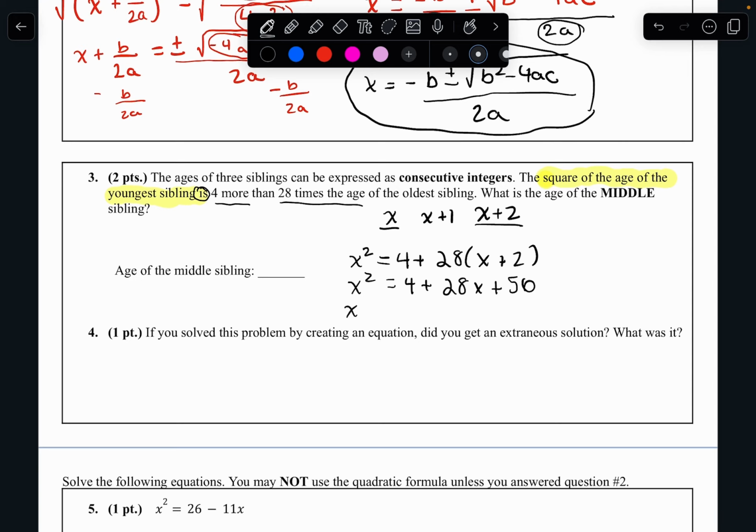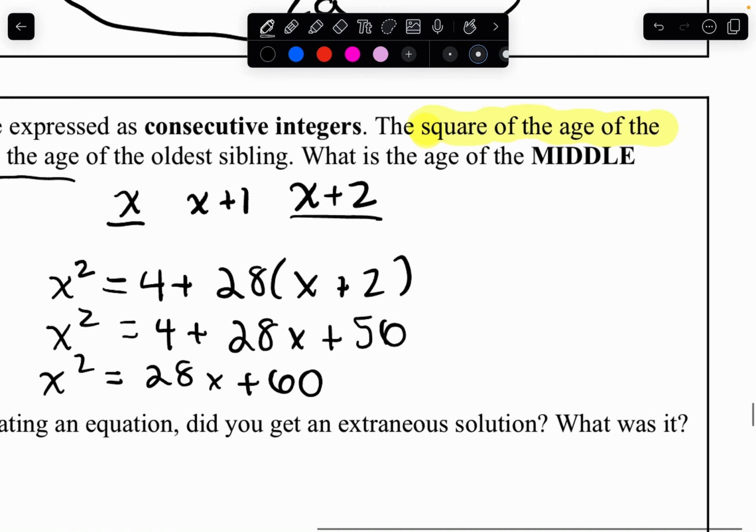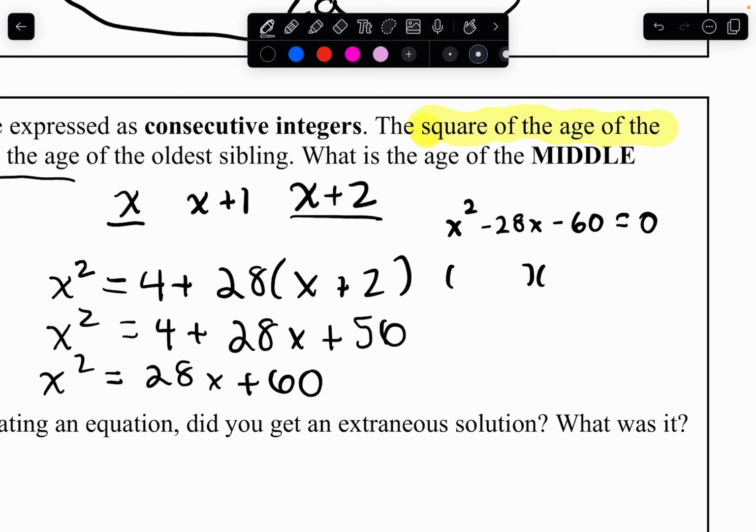And if we simplify that a little bit more, we get x squared is equal to 28x plus 60. And what we're going to do now is rewrite this equation in standard form: x squared minus 28x minus 60 is equal to 0.